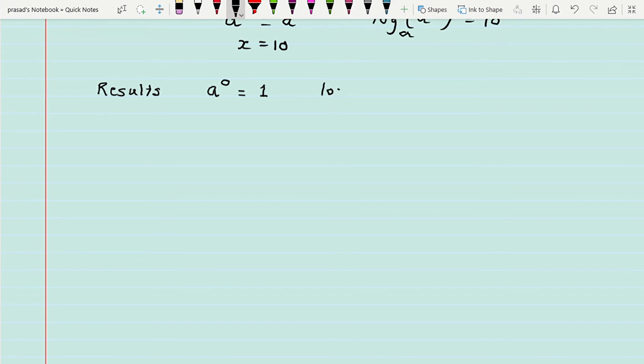Log of 1 to base a is equal to 0, which means log of 1 to any base is always 0, irrespective of the base. For example, if I have log of 1 to base 7, that will be 0. Okay, so whatever base it may be, log of 1 will be always 0.